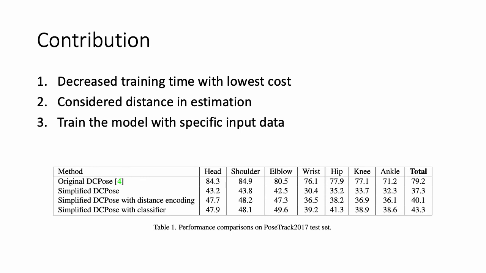That's why I deleted them. The second contribution is I consider the distance in estimation. I haven't seen any algorithm in the papers I read so far that does this, so I think it's pretty novel. The third implementation is training the model with specific input data. I think this will help us to train our model specifically for different kinds of input.